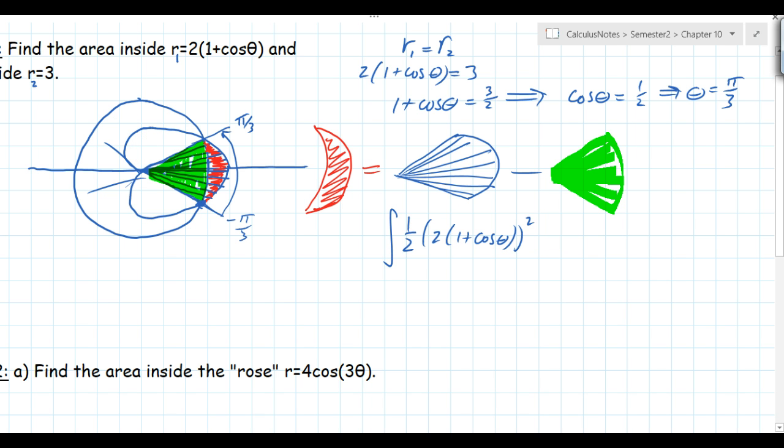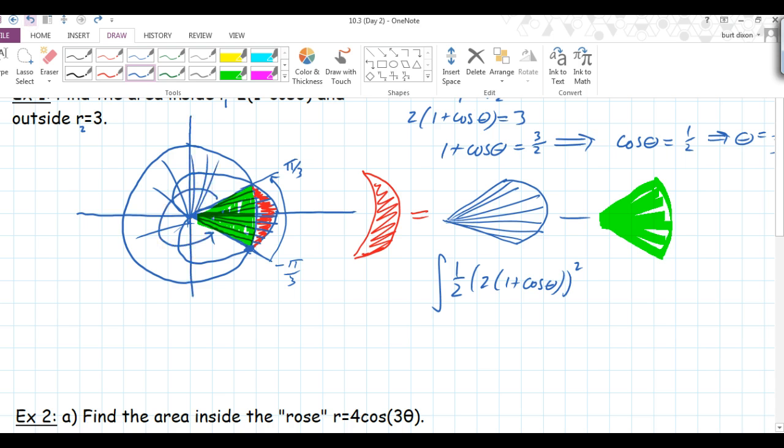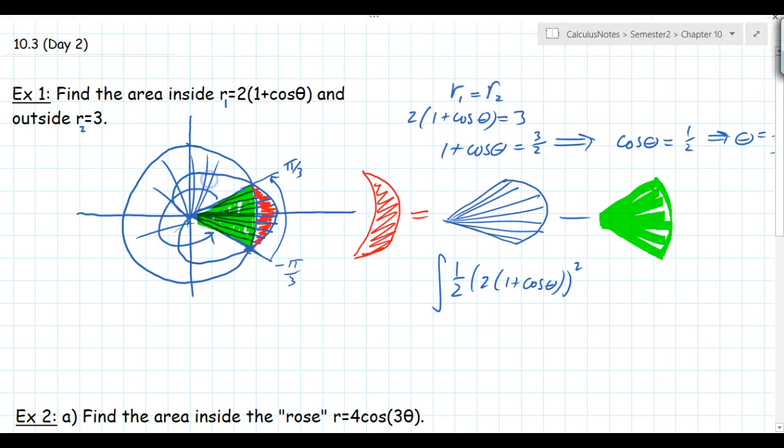Okay? So we just want to integrate from negative pi over 3 to pi over 3. Negative pi over 3 to pi over 3.